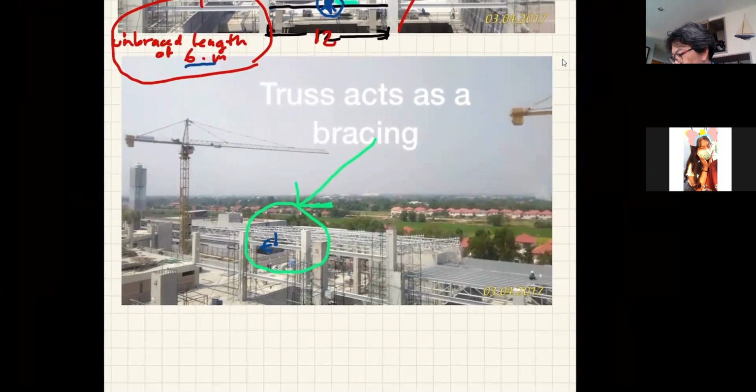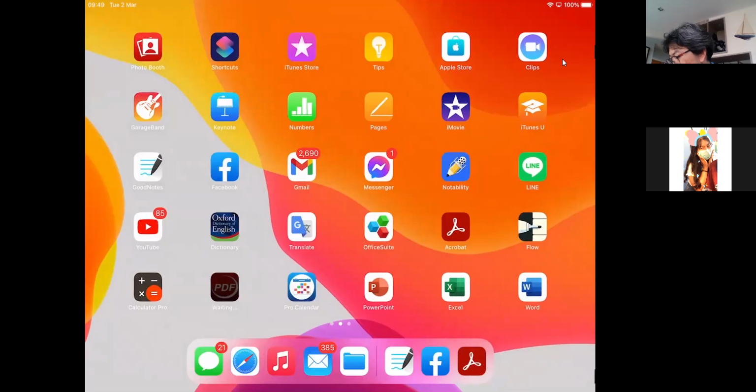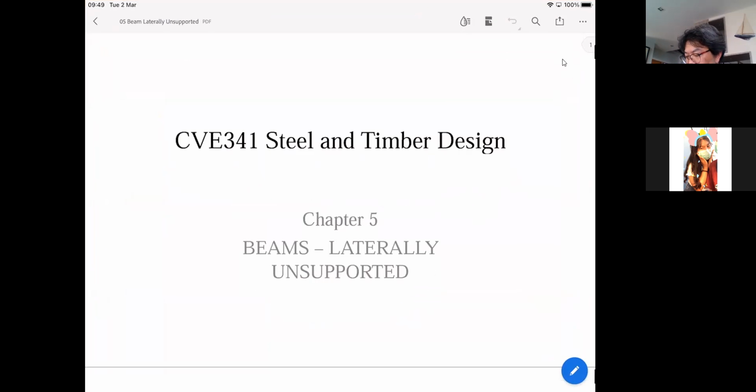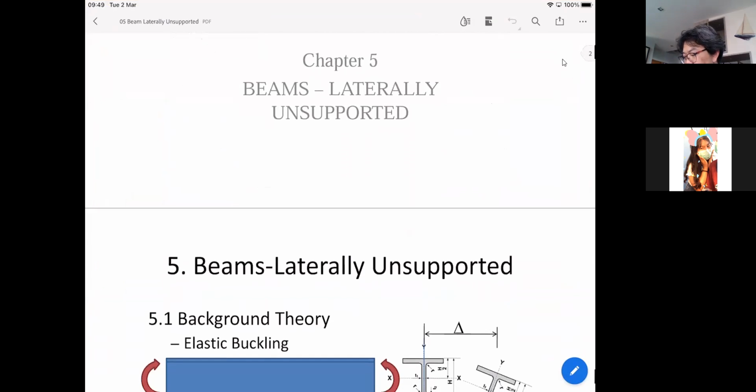So let's come back here to the slide. All right, so that's it. Beam that is laterally unsupported.